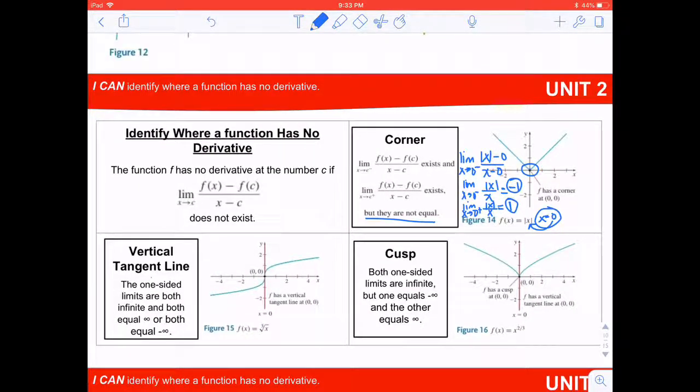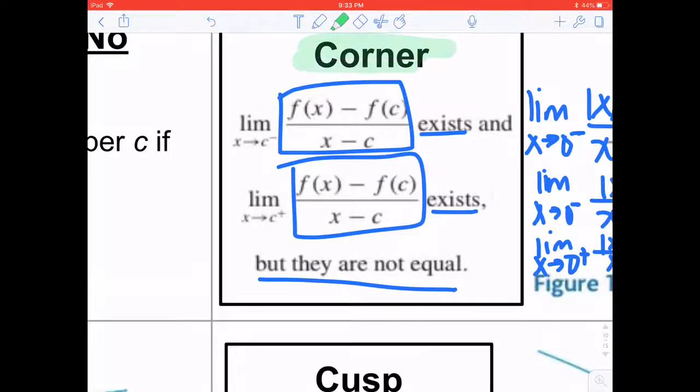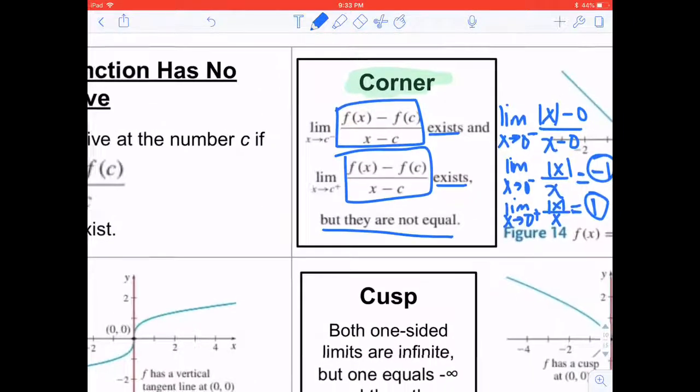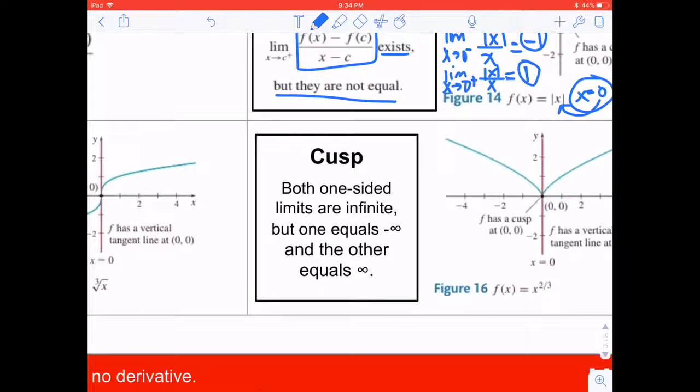And so whenever we have this kind of situation where the limit of this difference quotient exists from both sides, but they're not equal to each other, they're creating a corner, which we know when a function has a corner, we can't find its derivative at that point where the corner is.